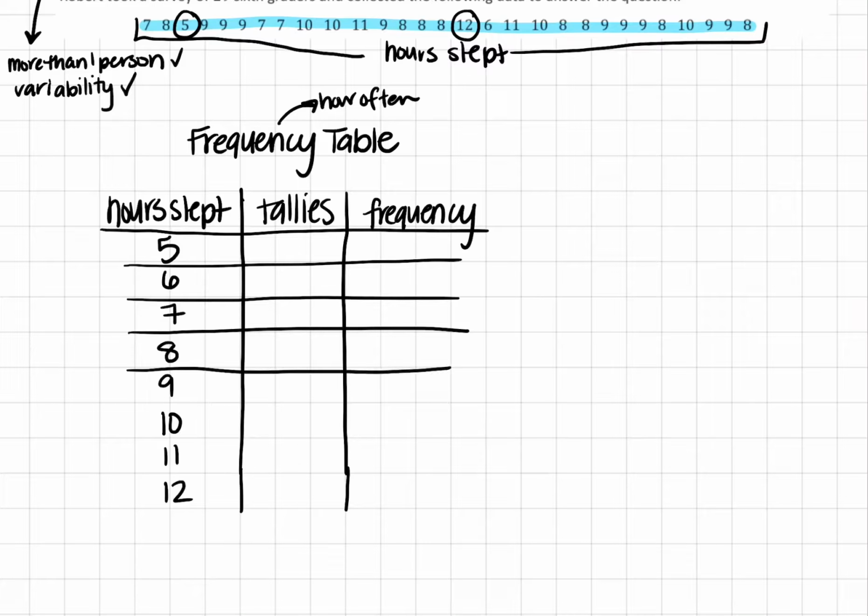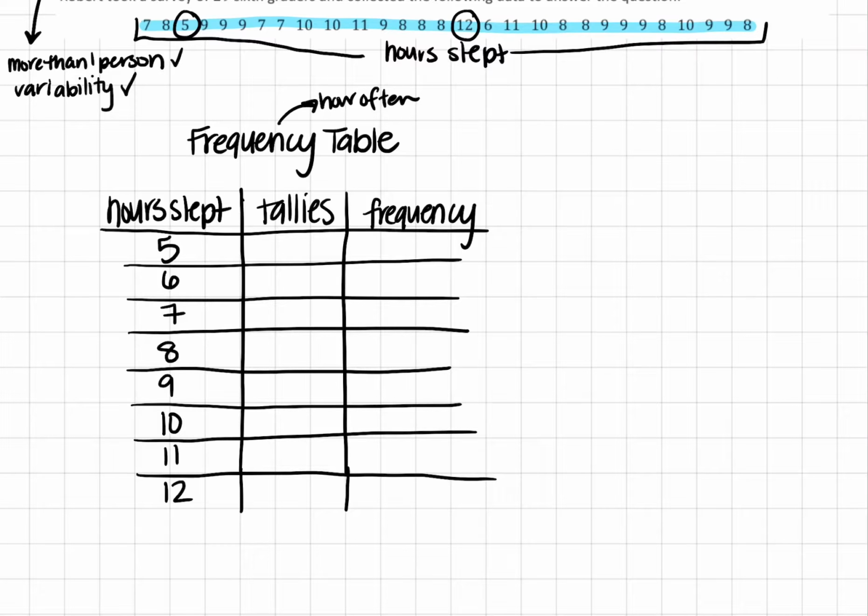Now from here, I'm going to go through the list and count up how many times I see these different numbers. For example, since I see a 7, I'm going to put a tally next to the 7 and cross it out.